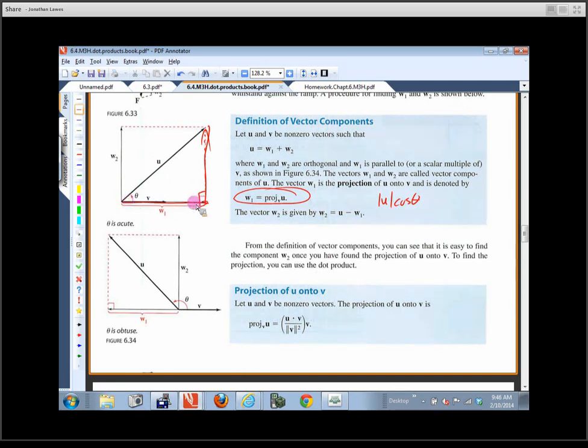Is that okay? Now, on this particular one, because of the way this is set up, it looks like v is horizontal, right? So this makes sense that that would be the horizontal component of that particular vector. You with me? Okay. But it's not necessarily horizontal. So take your paper and tilt it a little bit.